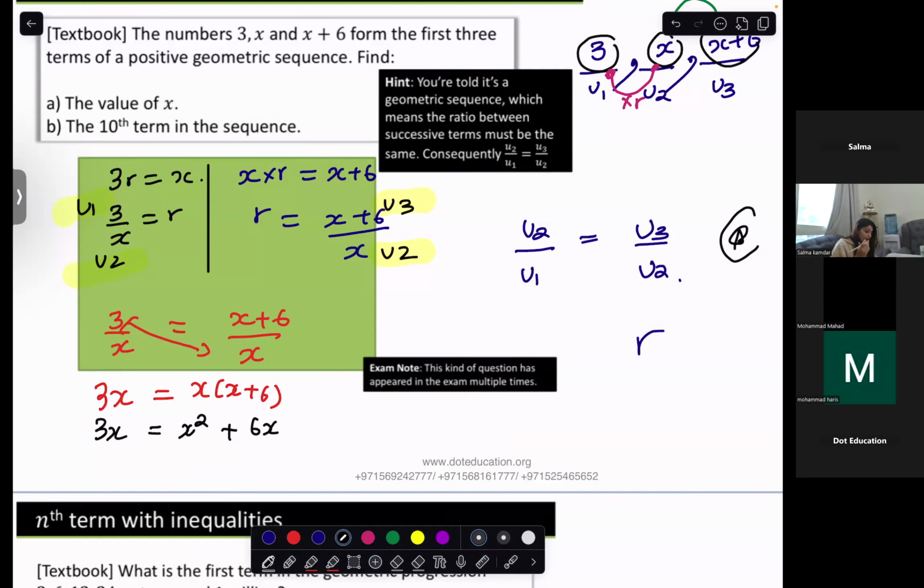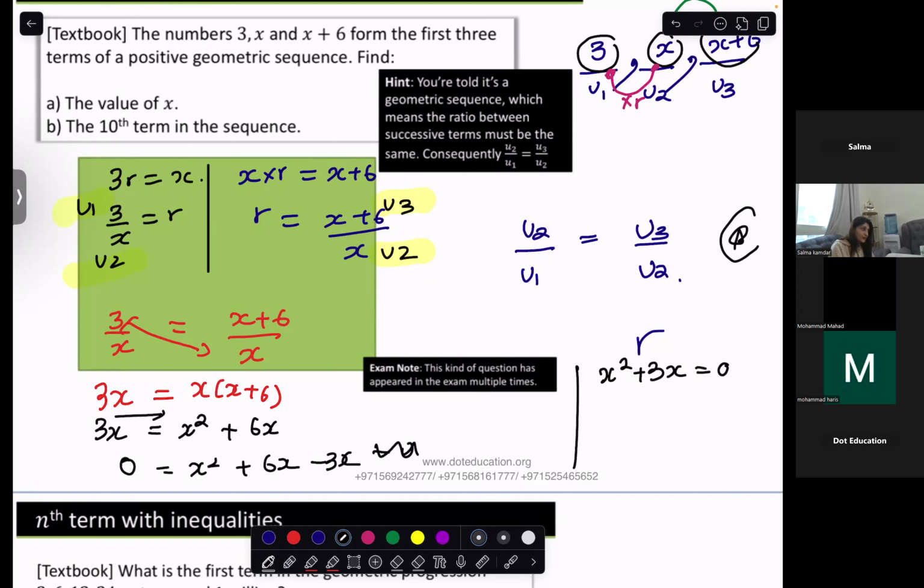So I would say x squared plus 6x minus 3x is equal to 0. So I can say x squared plus 3x is equal to 0.